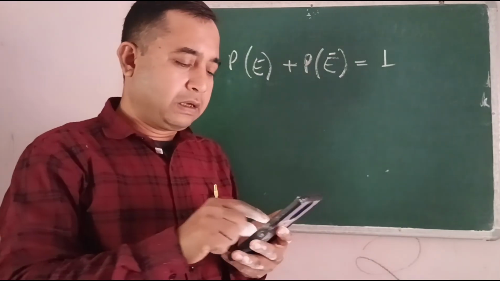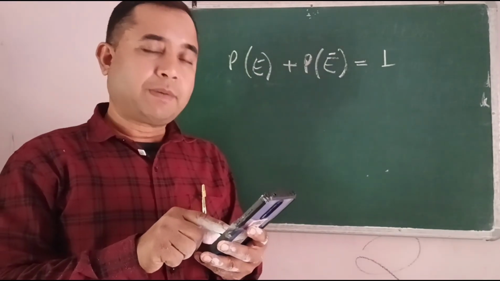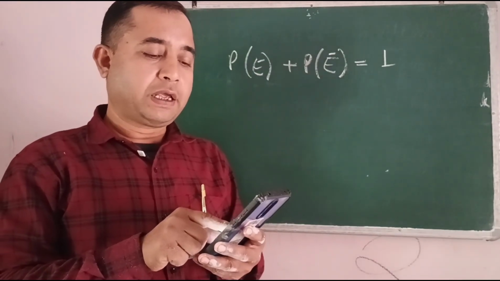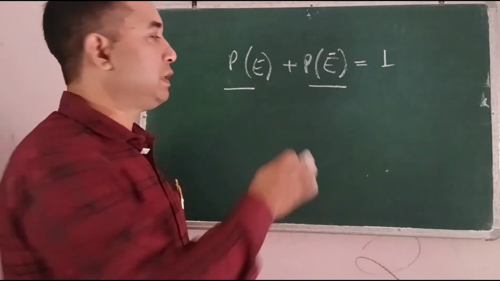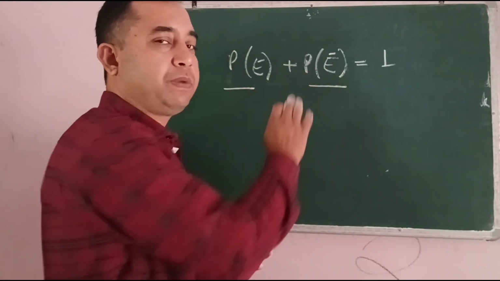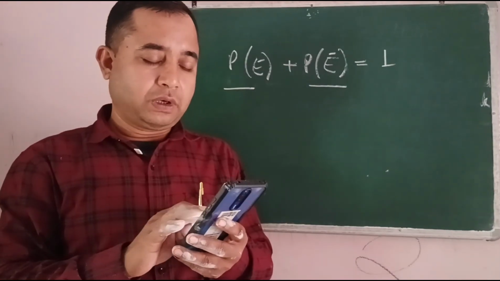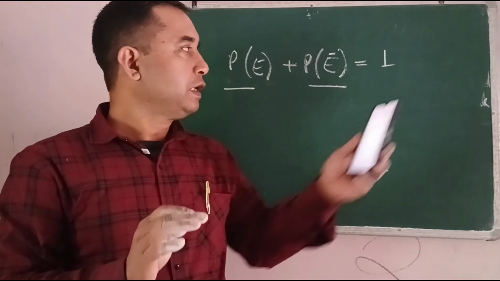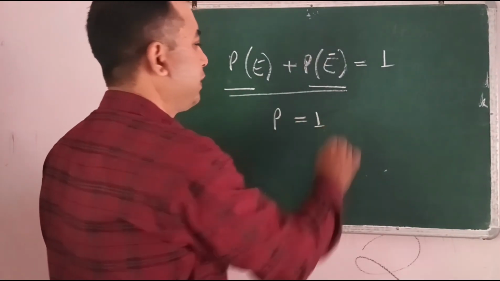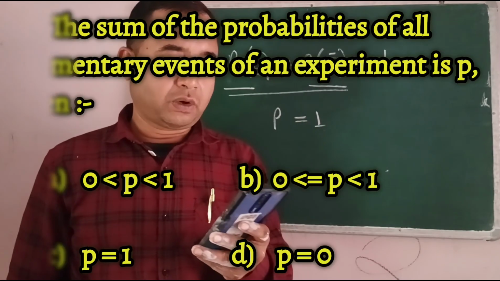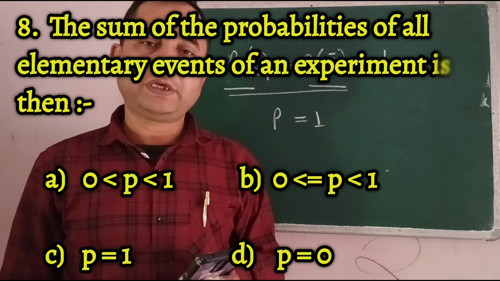So here it is given the sum of the probabilities of all elementary events. It means the sum of P(E) plus P(E dash) is equal to 1. And this is written as P. So this must be equal to 1. So the correct option will be C. P is equal to 1.